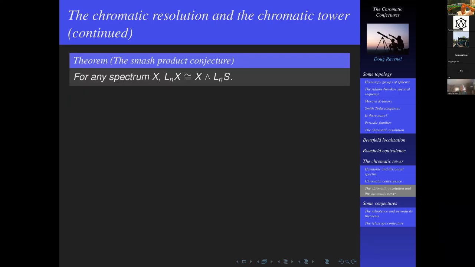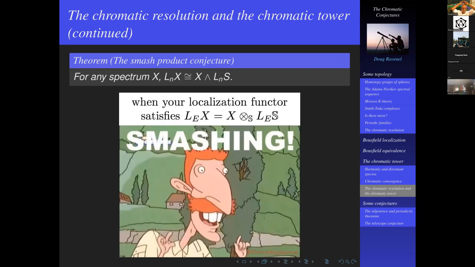Anyway, when your localization functor L_E has the property that the L_E localization of X is the same thing as the smash product of X with the localization of the sphere, we say that E is smashing. And the theorem is that E_n is smashing in this sense.